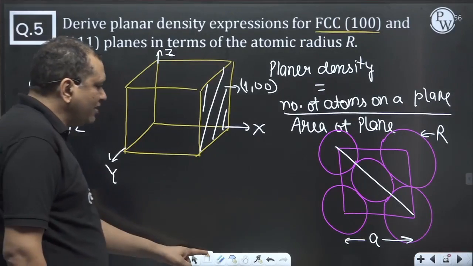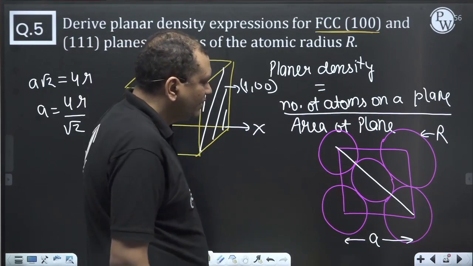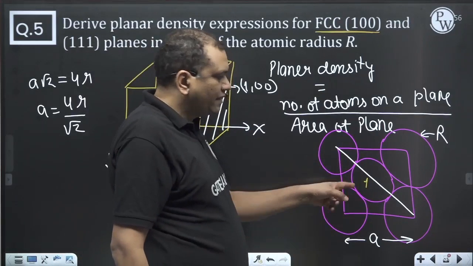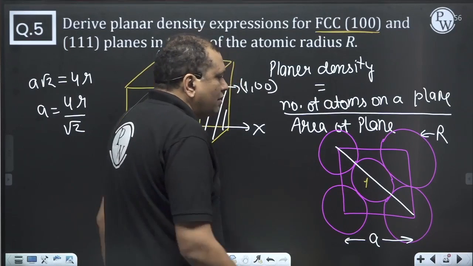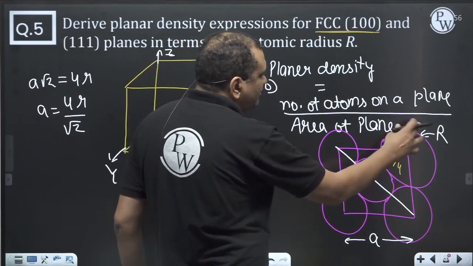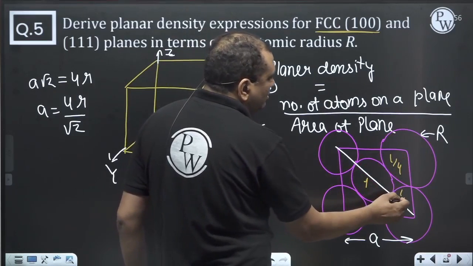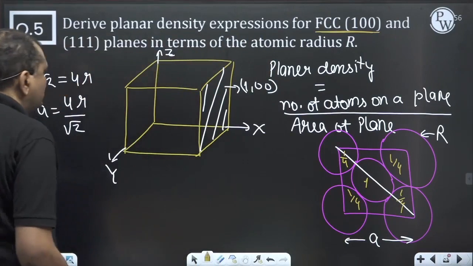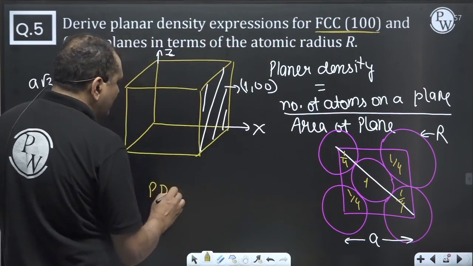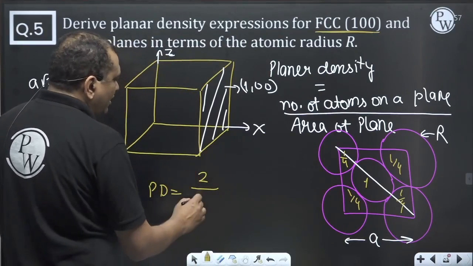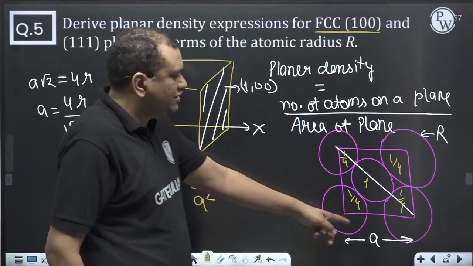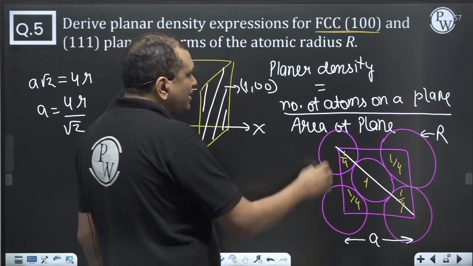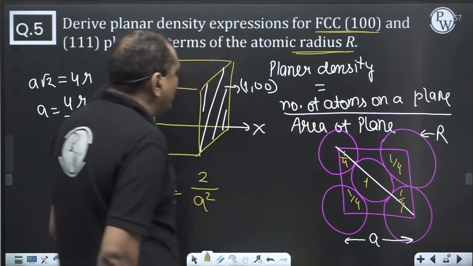So now how many atoms here? The central atom, it's a cross-section area, okay? One atom. Now 1/4 of each corner atom will fall on this plane, 1/4, 1/4, 1/4. So the number of atoms is 2 and the area of the plane is a square. So 2 by a square is the planar density. But the question is asking for the planar density in terms of radius.